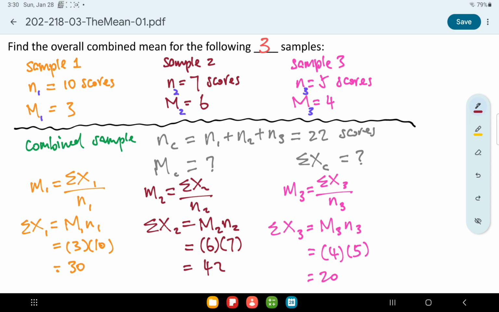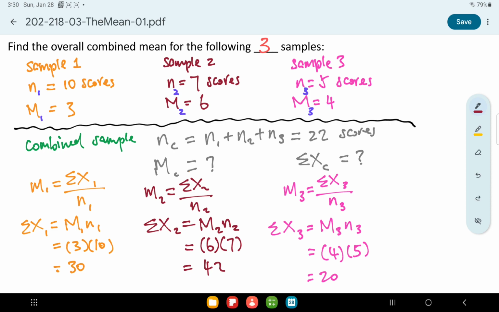Mean multiplying the sample size. Okay? And so, as you can see, summation of x in sample 1 is 30. Summation of x in sample 2 is 42. And summation of x in sample 3 is 20.